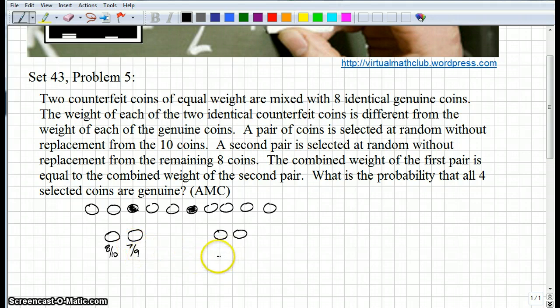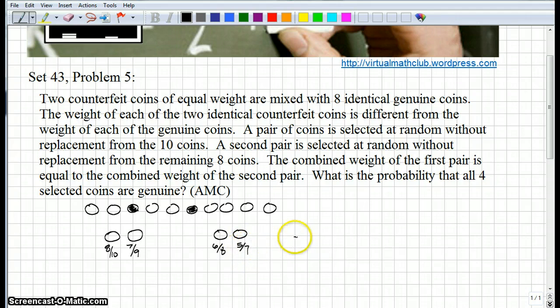And then the other pair of coins. If we didn't replace any of these coins, then for the first one of the second pair we have 6 genuine coins left out of a total of 8. And then we have 5 genuine coins out of 7.